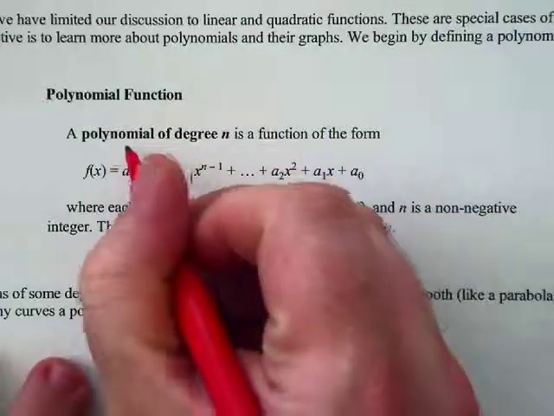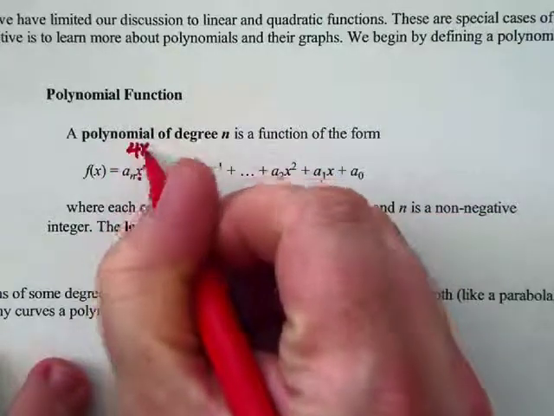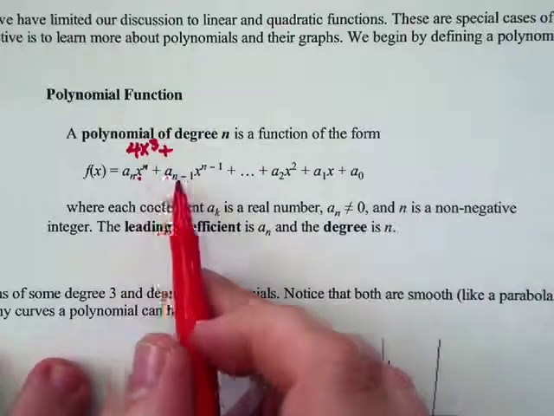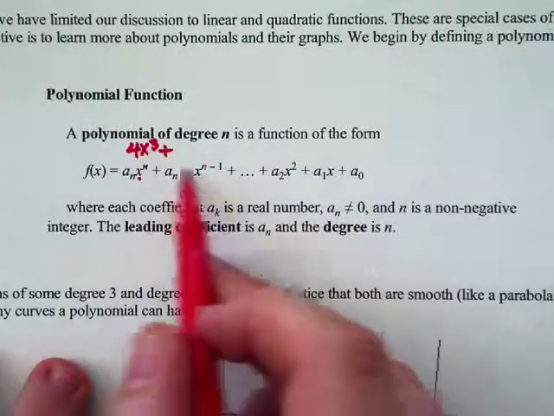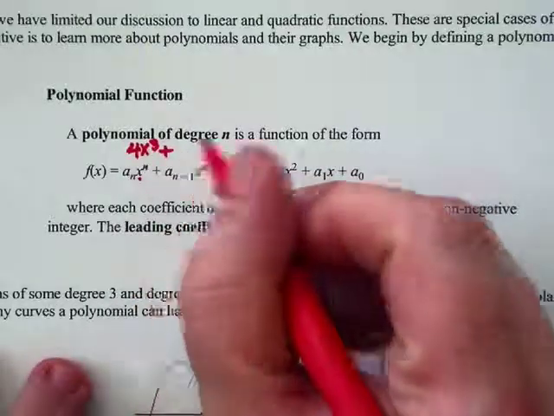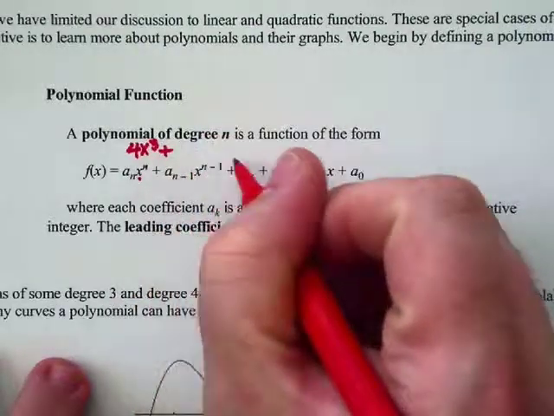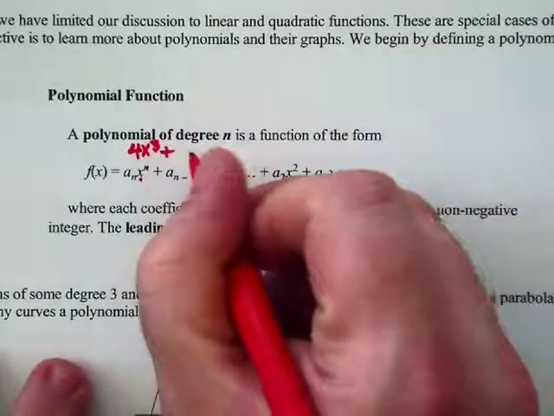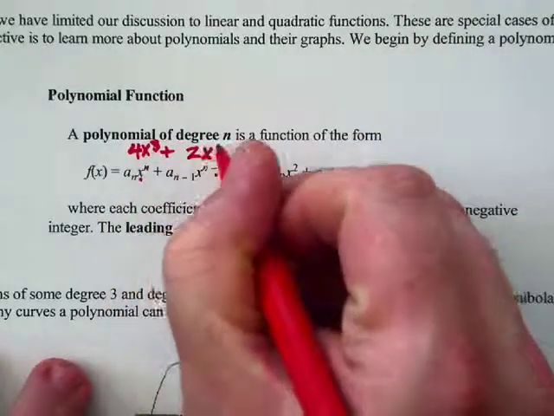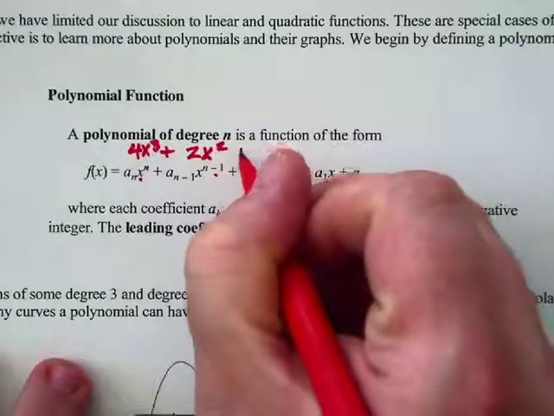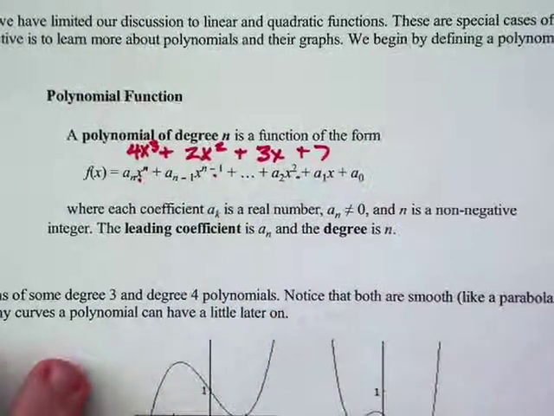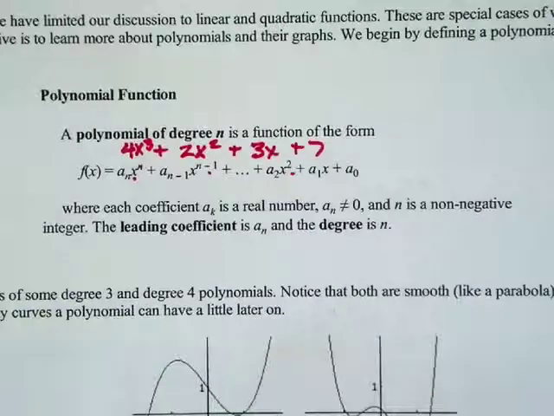So that could be like 4x to the third plus. Now we see that we're going to have a variable, and it can be like 2x, but we go down 1 in each exponent. So for example, 2x squared plus 3x plus 7.